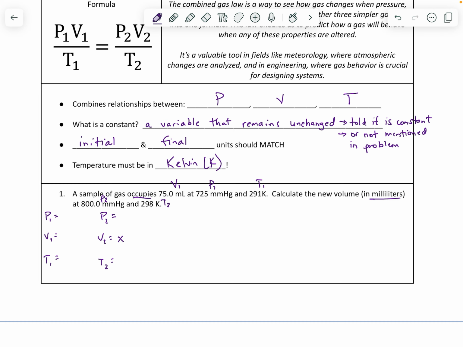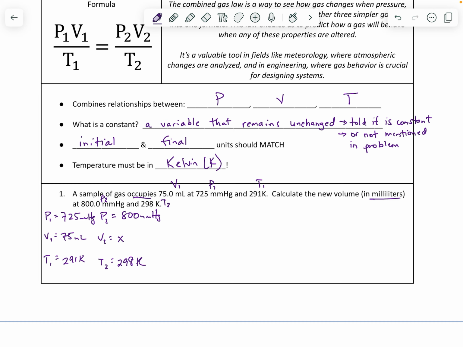So we're just plugging these values in here. We got 75 milliliters there. We have 291 Kelvin. We have 725 millimeters mercury. We know that we are changing to 800 millimeters mercury for pressure, and we have an increase in temperature slightly from 291 to 298 Kelvin.